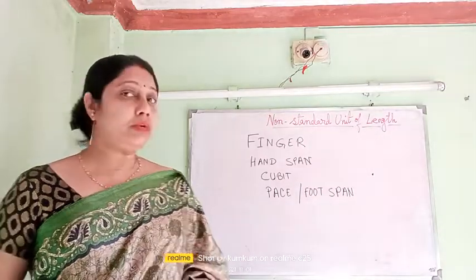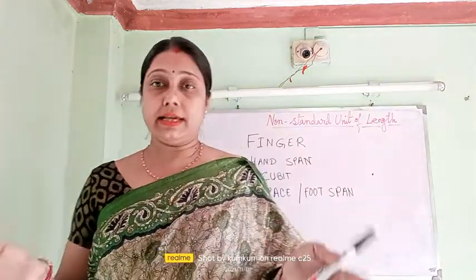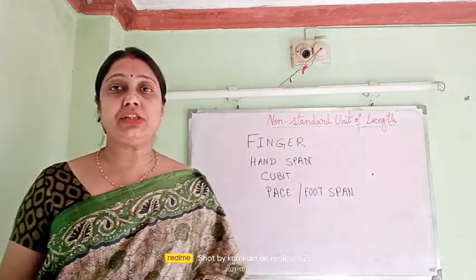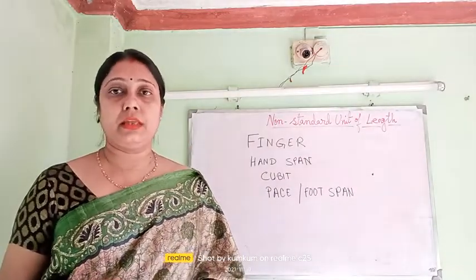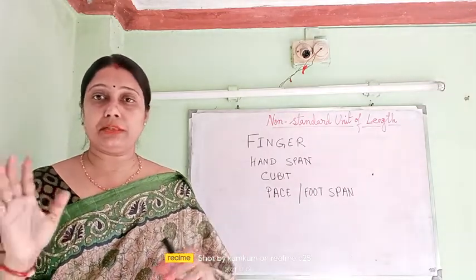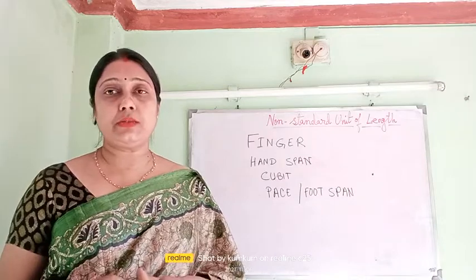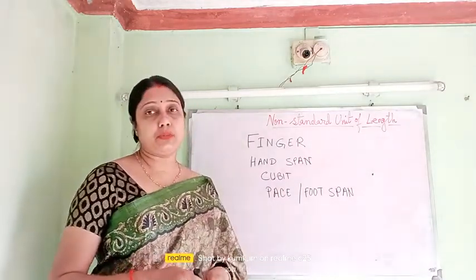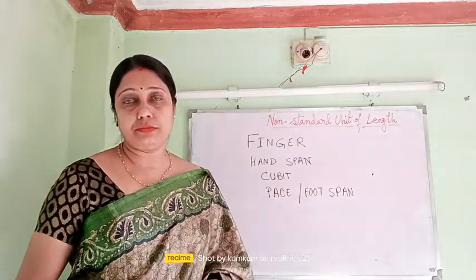Then, little bigger things like a desk or your blackboard can be measured by cubit. And very long distances, which you cannot measure through your finger or hand span, are measured through your pace or foot span, like a playground.